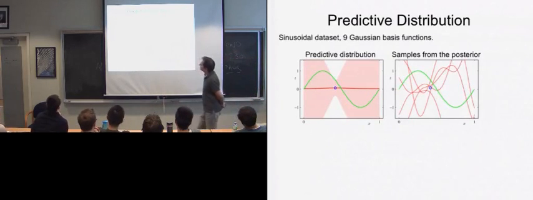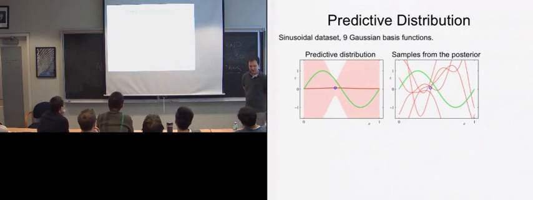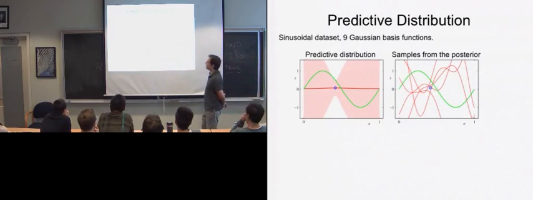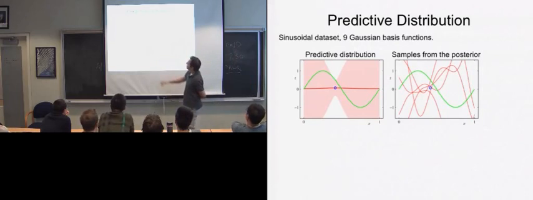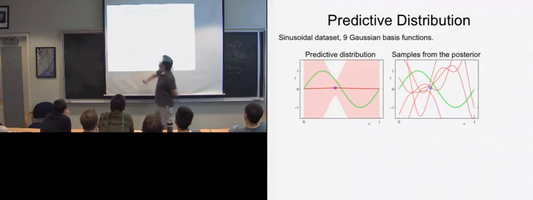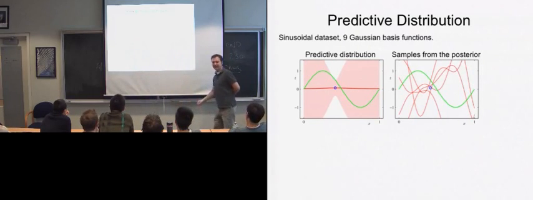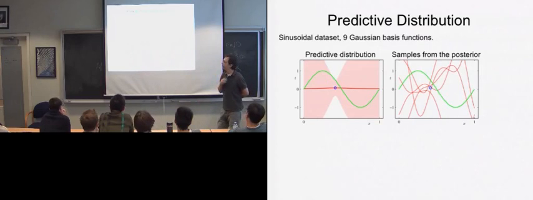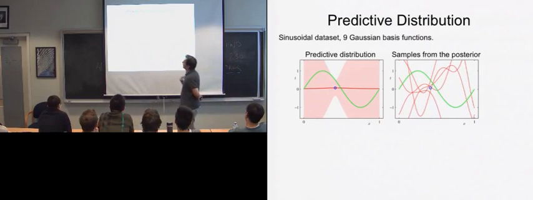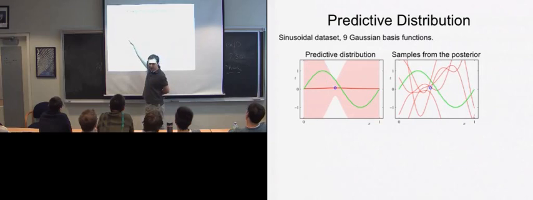Now, let's look at the samples from the predictive distribution just to get a little bit better idea of what is happening here. Remember, we've looked at the sinusoidal data set in our last class. It's just a curve. If I get to see one data point, and I look at my predictive distribution, it is going to look like this.